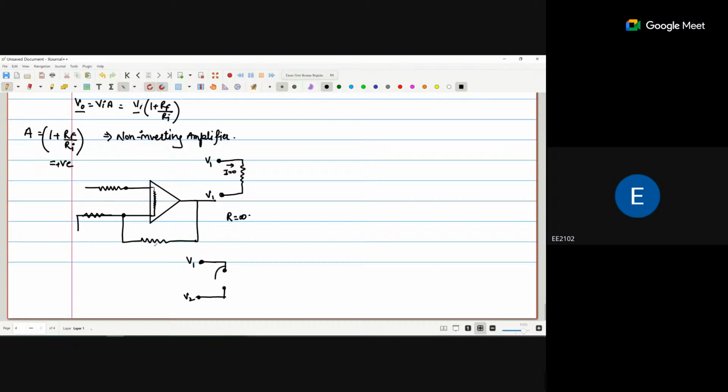The complete voltage will be dropped here because the resistance is infinite. Rin is infinite, so the current I is basically 0, but the voltage drop V is equal to I times R. So we assume that the overall voltage will drop across here. That's why we are not getting any voltage here.